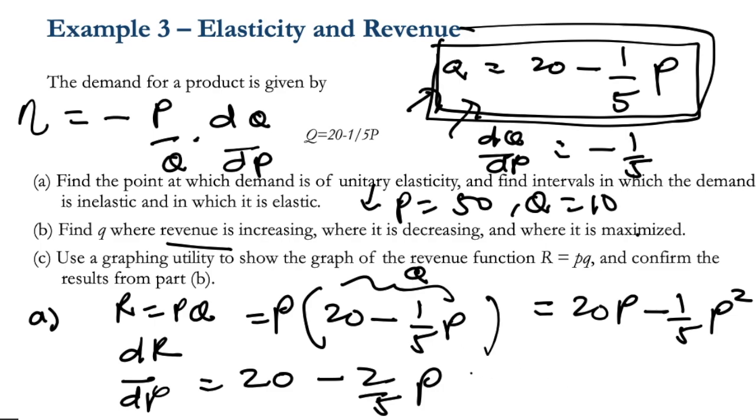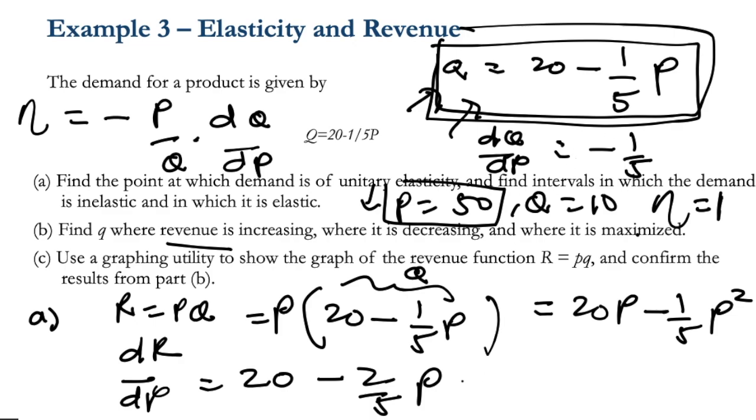Then we need to find when it is. Based on the answer for elasticity, when price is 50, quantity is 10, eta is 1. What happens?